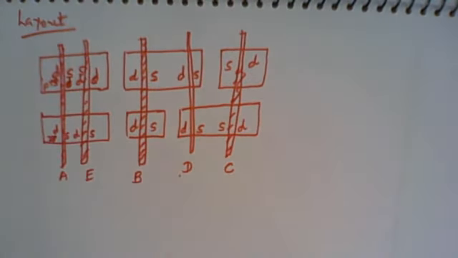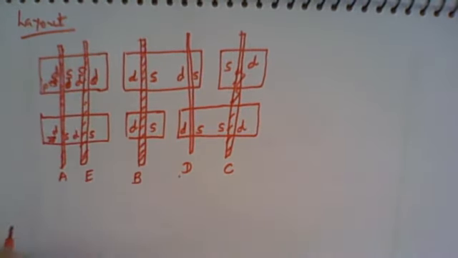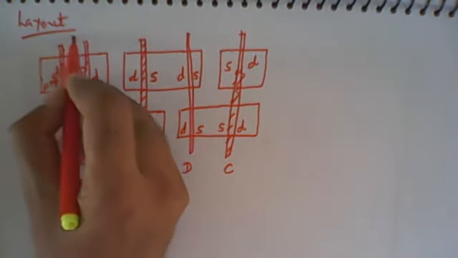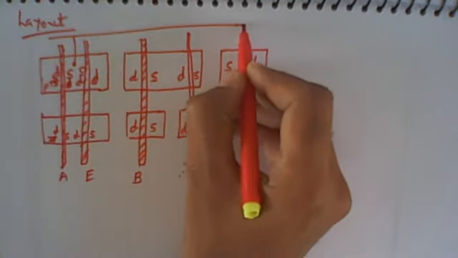Now we have to connect as per the connections. So VDD is connected at the source of A and E. So here we have to connect the VDD.